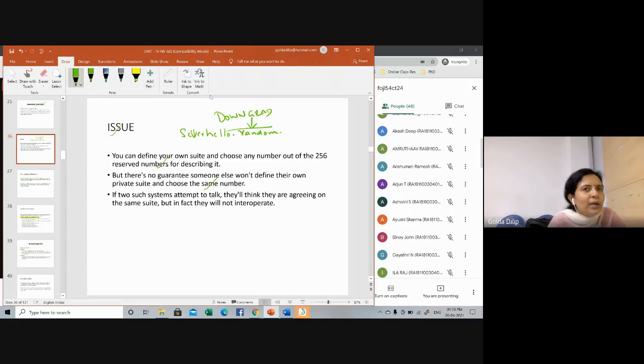So I will check whether the server hello.random has a downgrade message or not. Otherwise, somebody in the middle is trying to run a downgrade attack, and that should be stopped. That is one way of checking. These are all ways of preventing downgrade attacks.